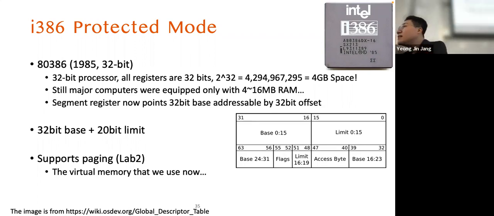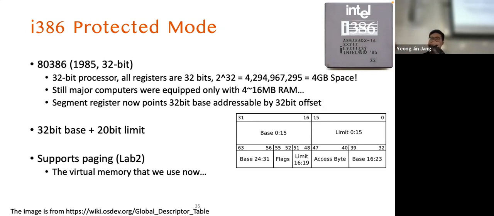One question. What was the size of the table? The size of the table is just 8 bytes. These numbers indicate bits 0 to 15, 16 to 31, 32 to 63, so it is composed as a 64-bit structure. So the table entry size is 8.